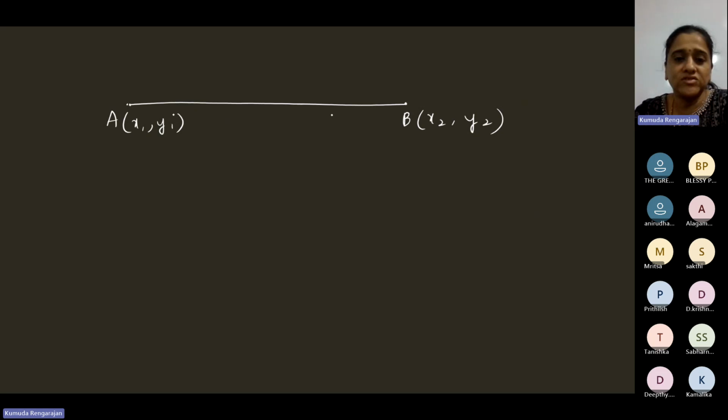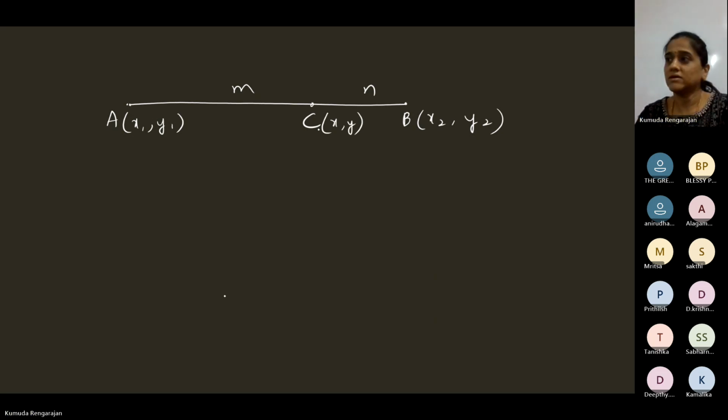Now we have this point C lying on AB, dividing AB in the ratio m is to n. The address of C is called the point of division and it's given by x comma y. The direct application of the section formula is to find the coordinates of C, which is the point of division.